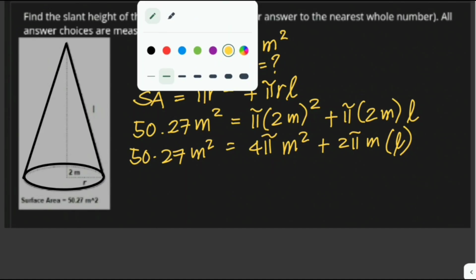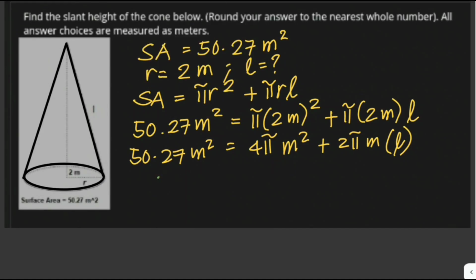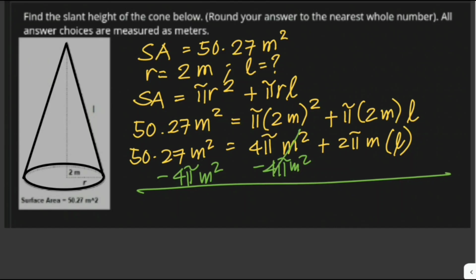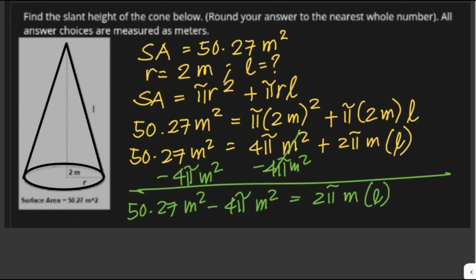Then we subtract both sides by 4 pi. Alright, this cancels out, and we have 50.17 meters squared minus 4 pi meters squared equals 2 pi meters times the slant height.